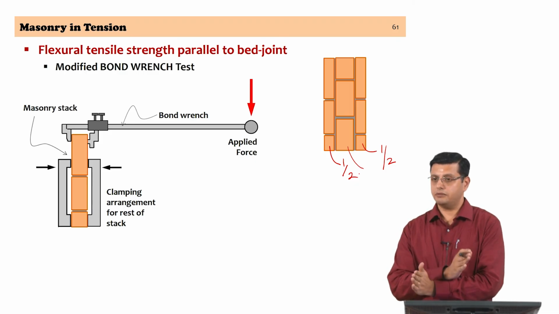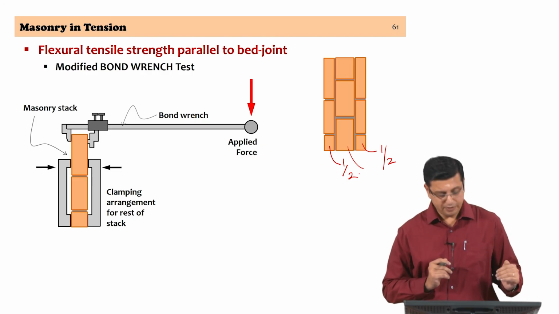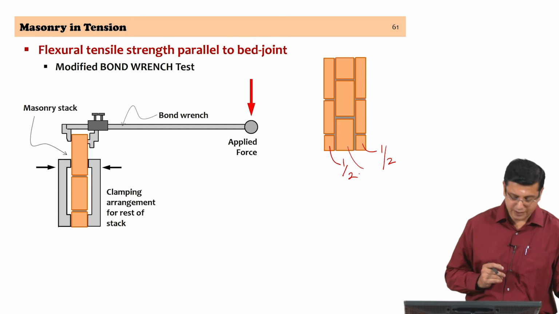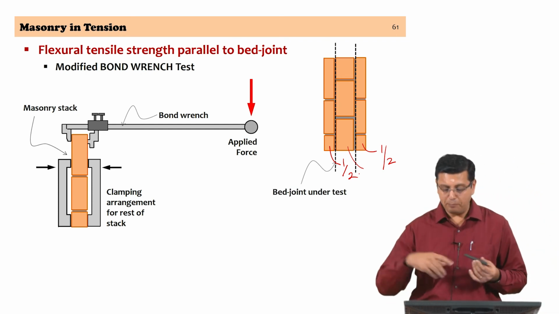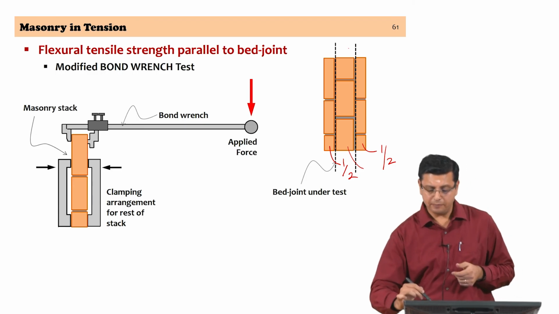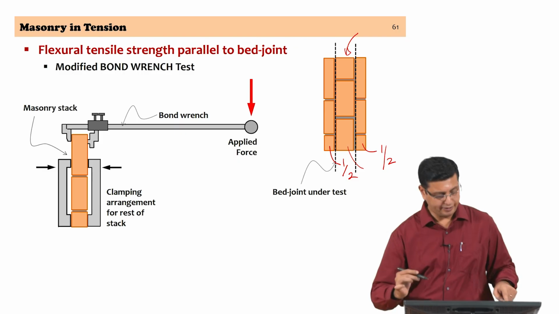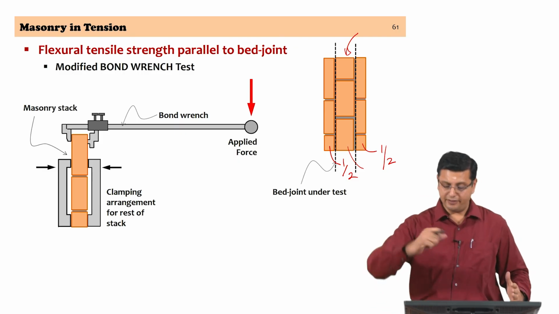You turn it around, place it within the setup, and then you are actually subjecting those two joints into tension. So, you are clamping this middle layer from the top and wrenching it.